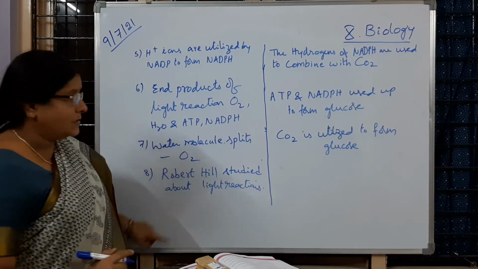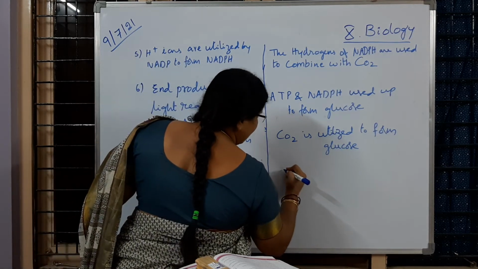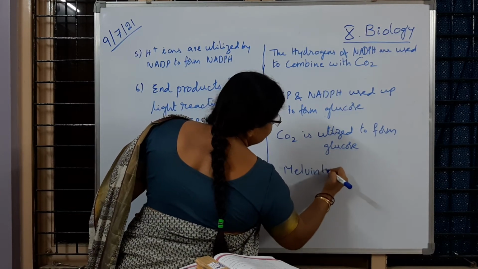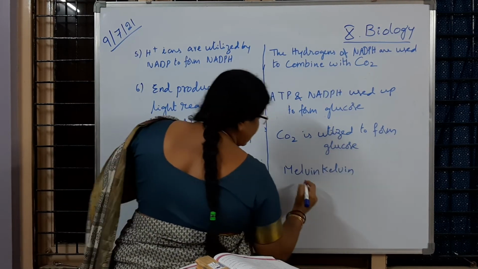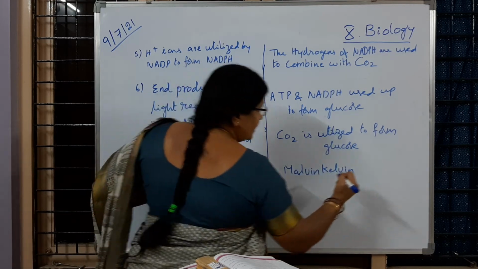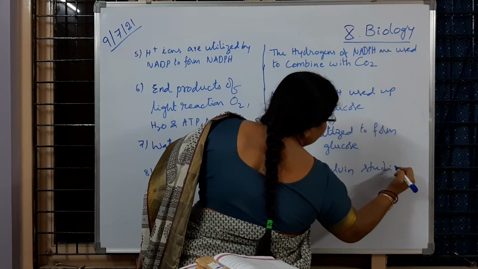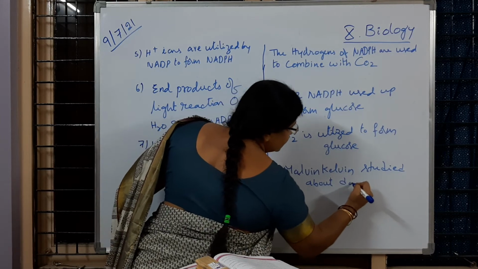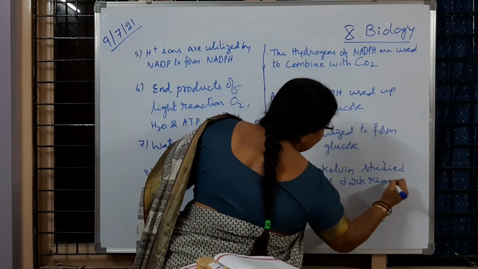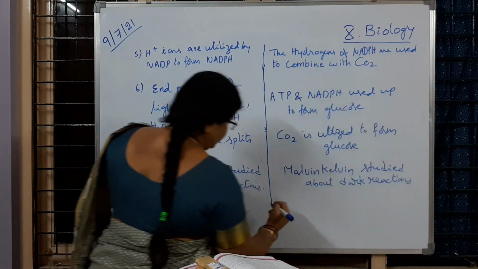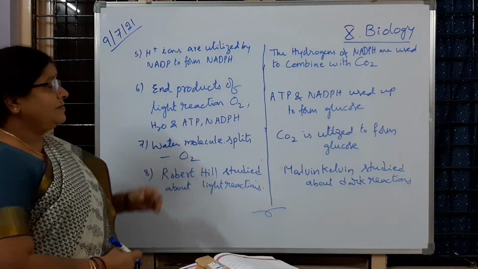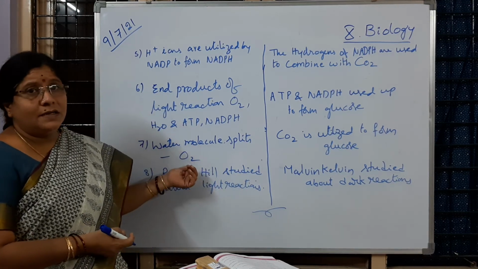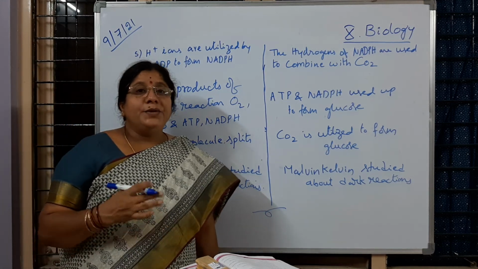Whereas the dark reactions are studied by Melvin Calvin. Melvin Calvin studied about dark reactions. So in that way, these are the differences of light and dark reactions. Make a note of it, children. Tomorrow we will start heterotrophic nutrition.